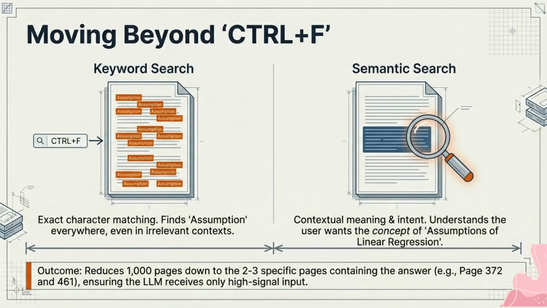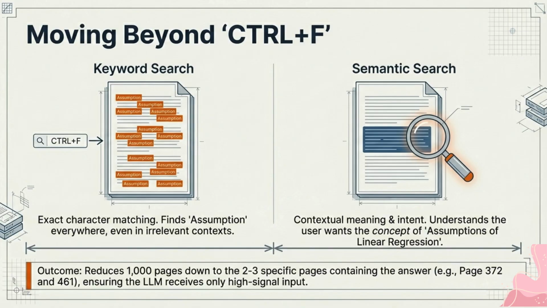All right, here's why this feels different from traditional search. Control plus F looks for exact character matches. You search assumption, it finds every instance of that exact word. But if the document says prerequisites or conditions instead, missed completely. Semantic search understands meaning. You ask about assumptions of linear regression, it knows you want the concept, not just the word.